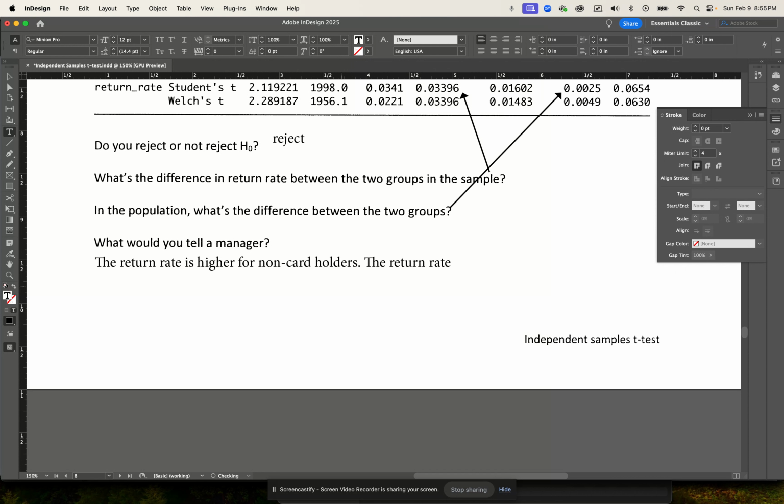The return rate for non-card holders may be as low as 0.25% to as high as 6.54%. So these numbers, right? Compared to those with loyalty cards. So something like that.